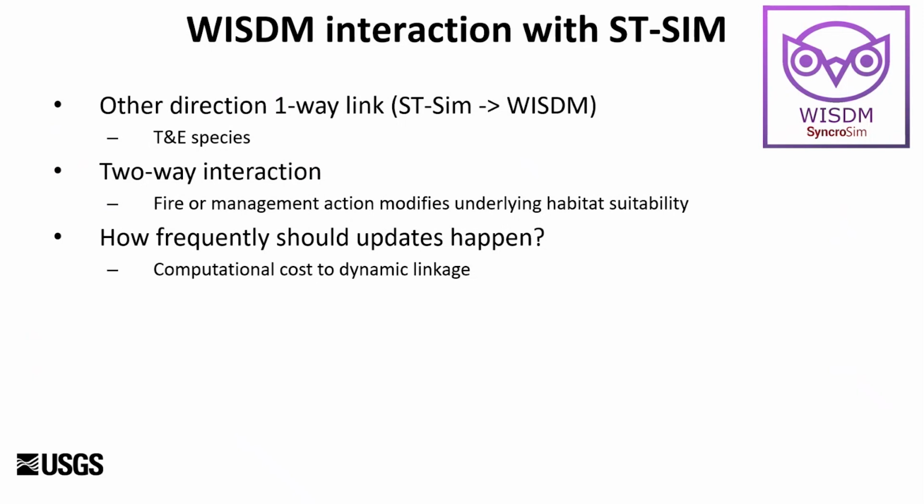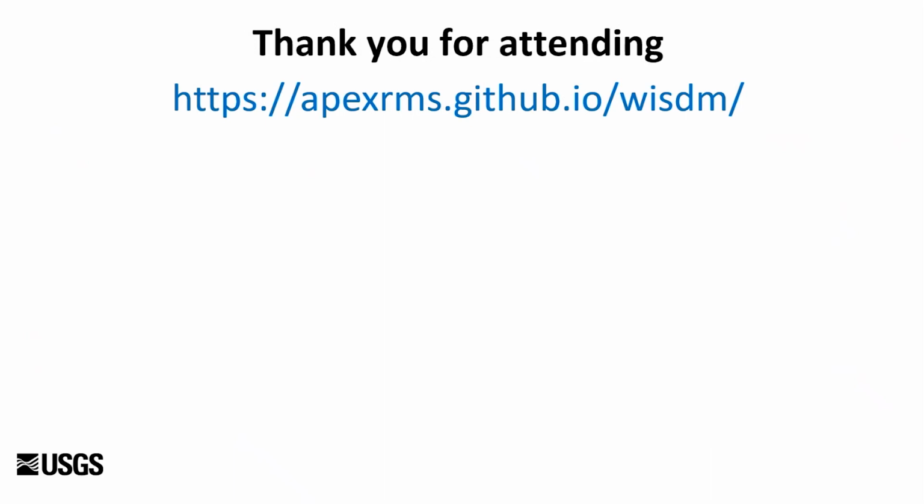Within the Canada thistle in the Badlands example I showed, that was just a single update, which resulted in a bit of a change right when you switched, but updating at every time step would result in a big computational cost to that dynamic linkage. So those are things to be determined.